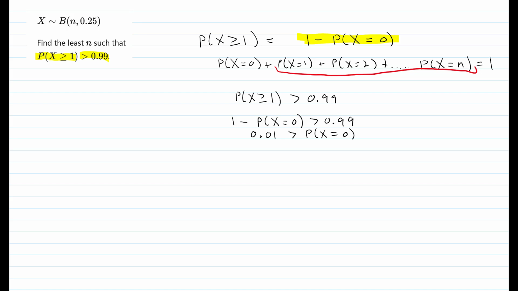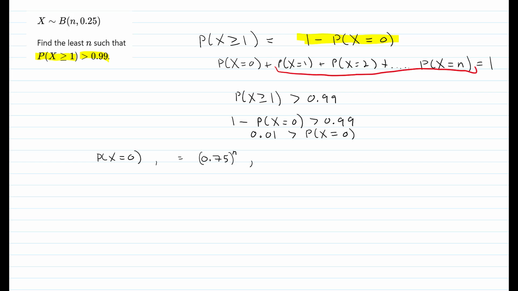So now we just need an expression for the probability of X equals 0. So that means we get no successes. So if the probability of success is equal to 0.25, then the probability of failure is going to be 0.75. And if they're all failures, that's to the power of n.